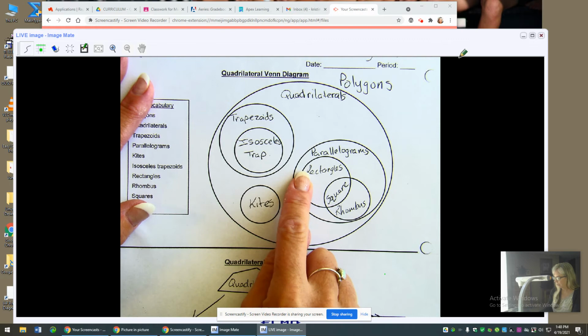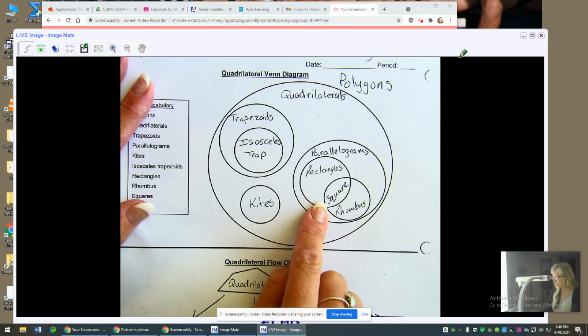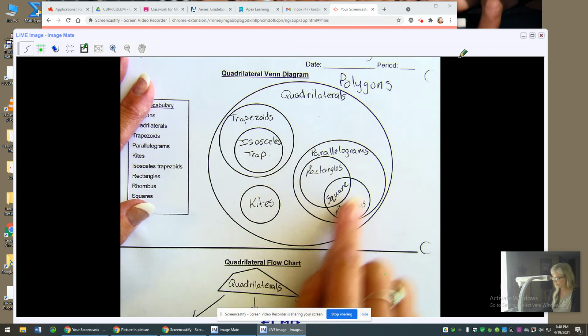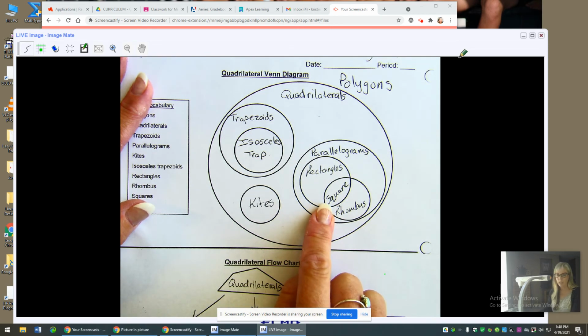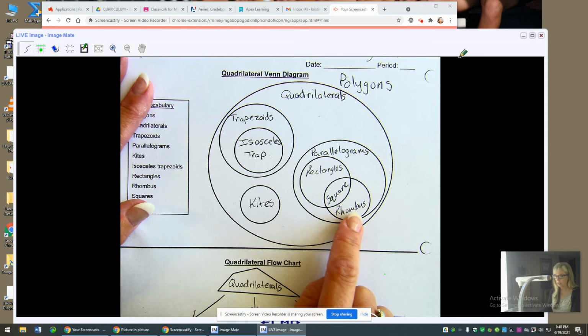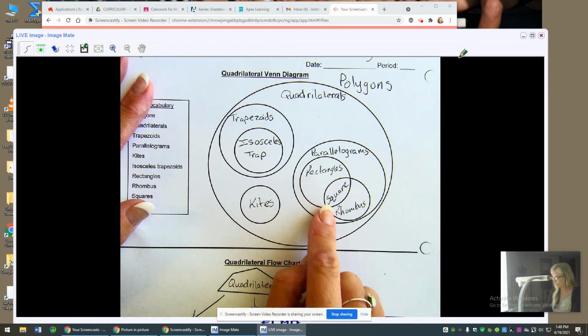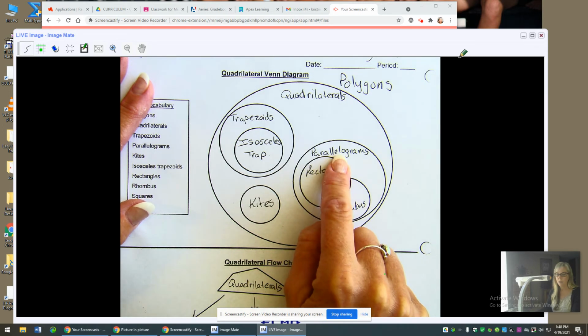A square is a rectangle. A square is a rhombus. A square is a parallelogram. A square is a quadrilateral. A square is a polygon. A square has four equal sides. That's like a rhombus. A square has four right angles. That's a rectangle. A square has two pairs of opposite sides parallel. That's a parallelogram.